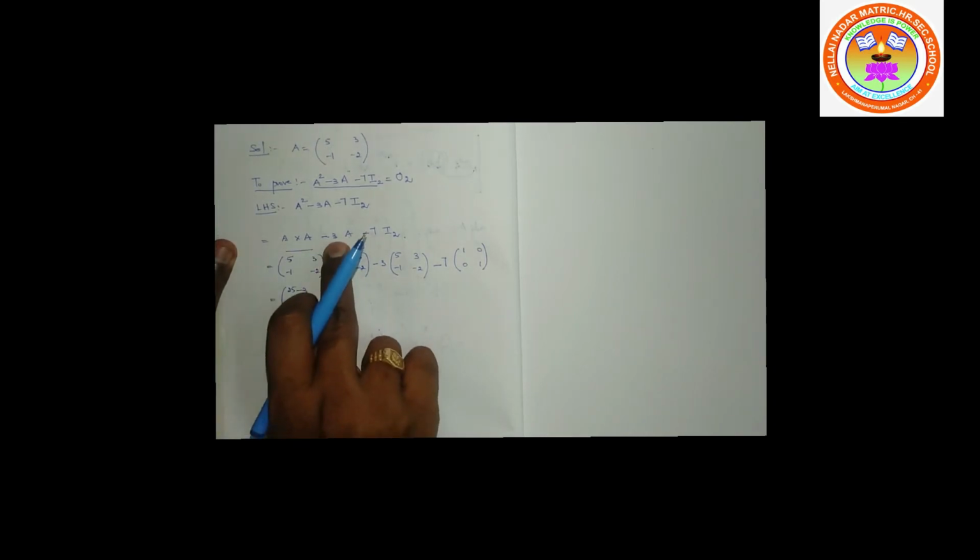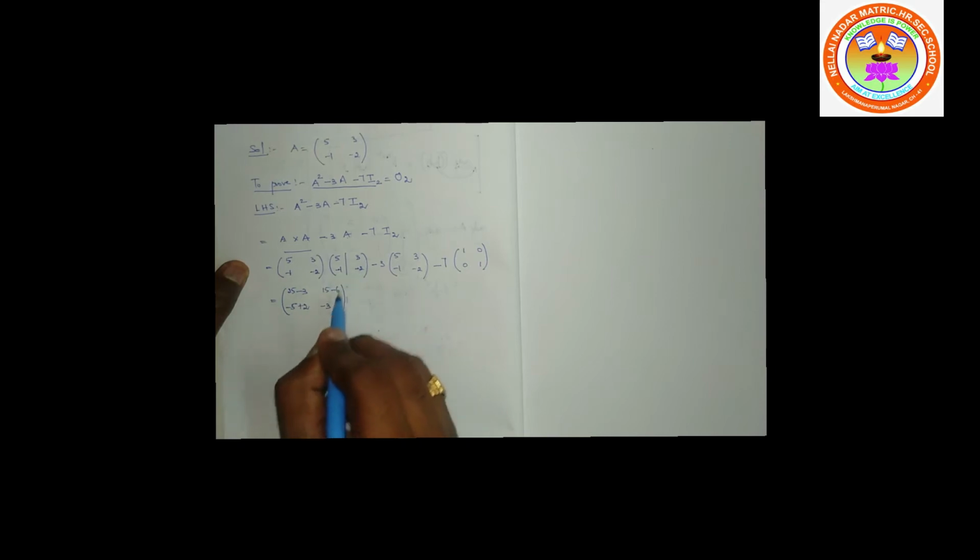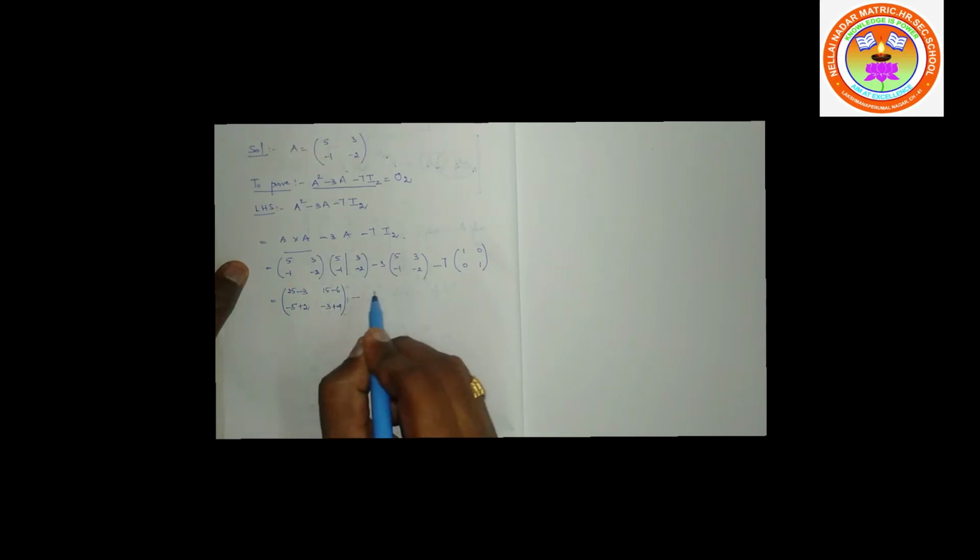Now after multiplying the first row with these columns, I need to take the second row and multiply with the first column. Minus 1 into 5 is minus 5, minus into minus plus, 2 into 1 is 2. Minus 1 into 3 is minus 3, minus into minus plus, 2 2s are 4.